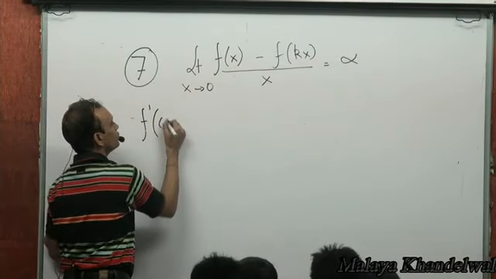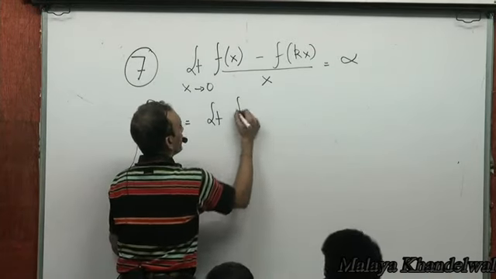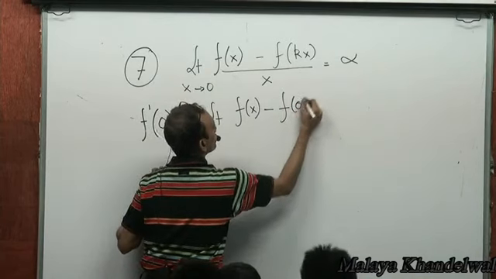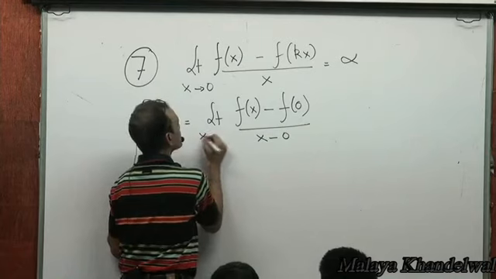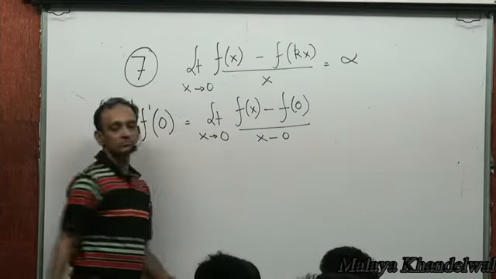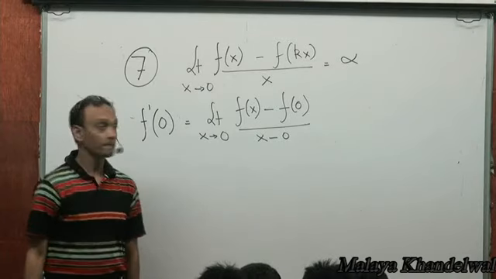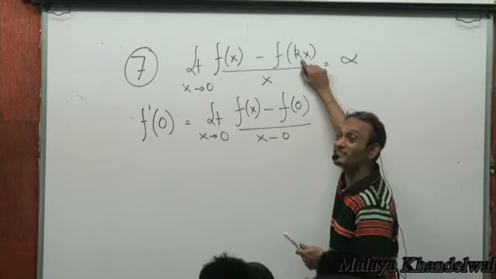F dashed 0 is going to be limit (fx minus f0) by (x minus 0) as x tends to 0. That's f dash 0. I want to deploy this fkx somewhere.